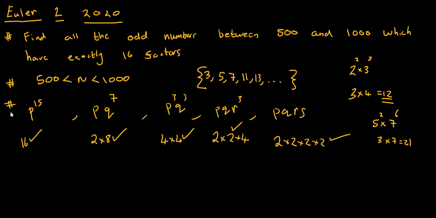Okay, so you need to be choosing values for these. So for instance, let's go for 5 times 3 to the 7, and using a calculator we can work out 3 to the 7 multiplied by 5.